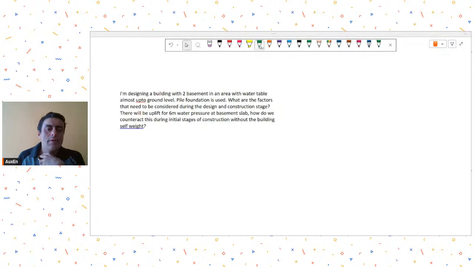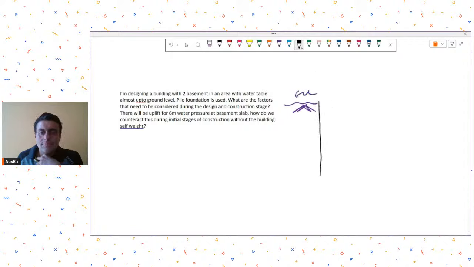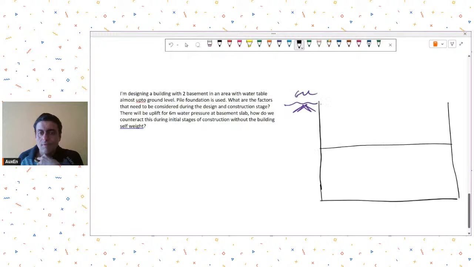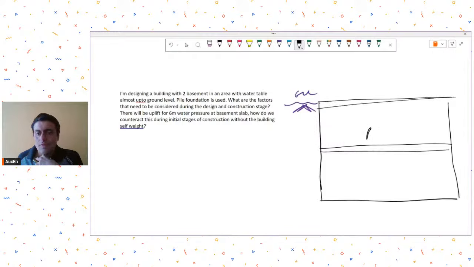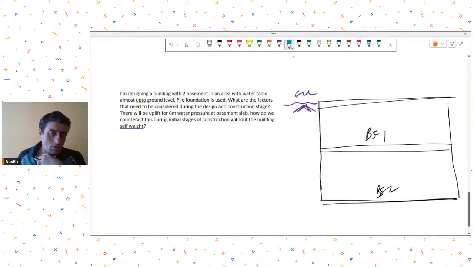I'm designing a building with two basements. So let's say this is his NGL, and then he has got two basements. So this is basement one, and this is basement two, and then he's saying water table is almost up to ground level.